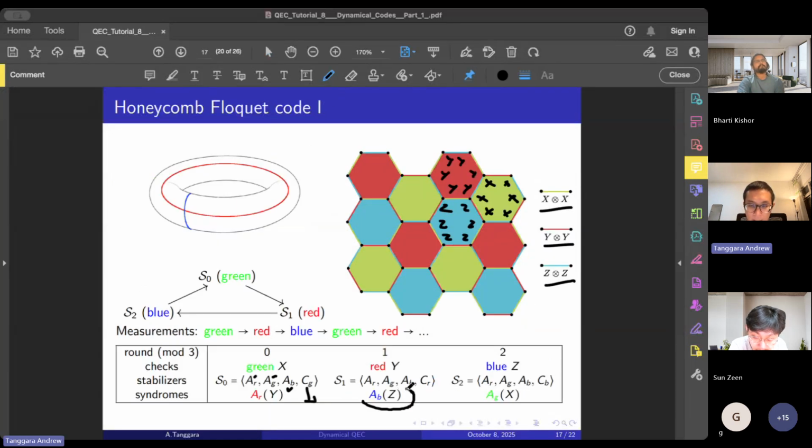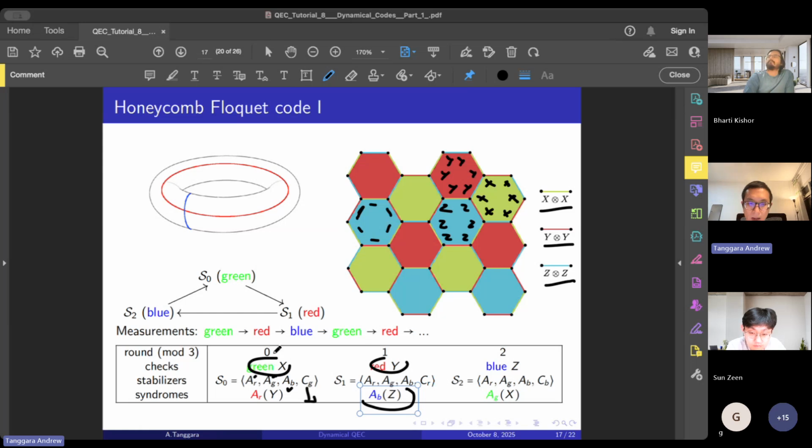After I measure the green checks and the red checks that surround this blue plaquette, if I take the product of these 6 two-qubit checks, I get the measurement outcome of this 6 qubit Z stabilizer.